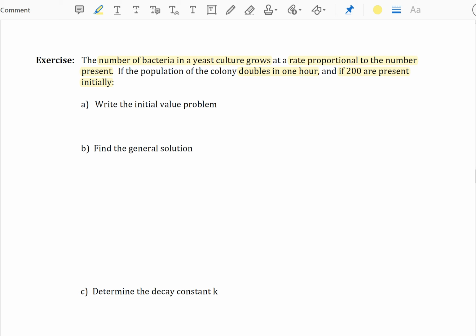Now with this problem, what I'd like you to observe is the wording grows at a rate proportional to the number present. This wording tells us that we're talking about a differential equation of the form P prime equals kP.